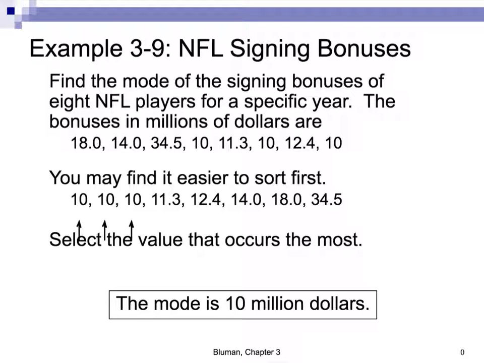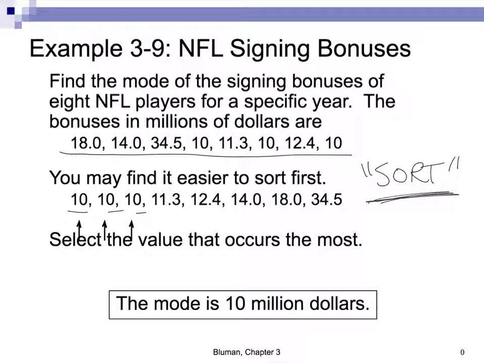So, for example, if we have all of these data values here, and they want you to find the mode. For this one, yeah, you can put it in order first. You can use that sort button on the TI-83. This one's actually pretty easy to see that 10 is going to be your mode. However, when you're given a bunch of different numbers, you probably want to use that TI-83 and use that sort option.